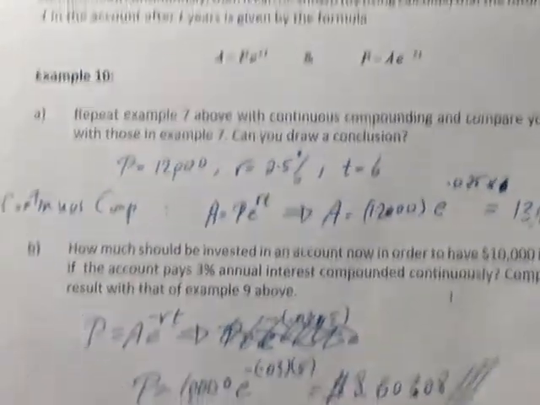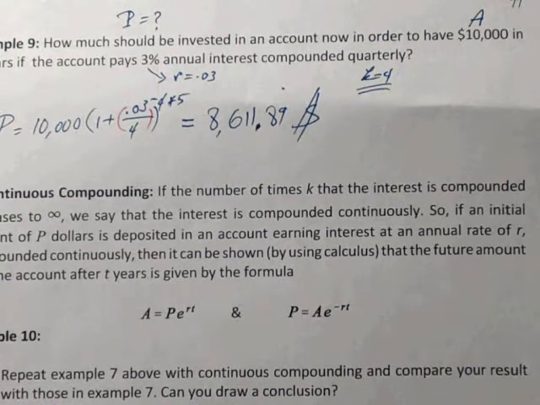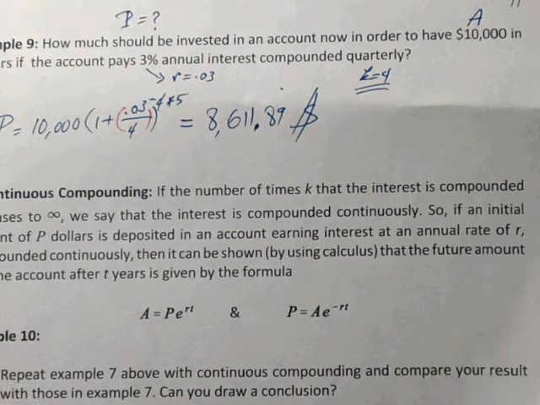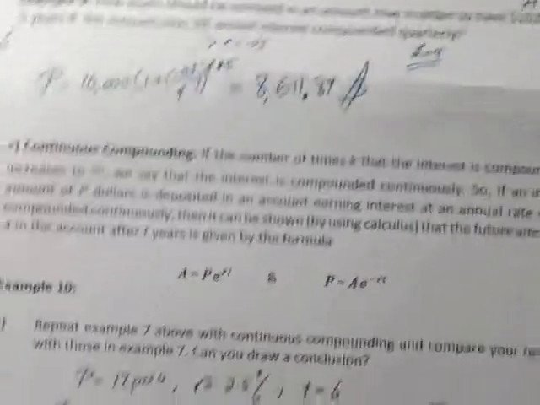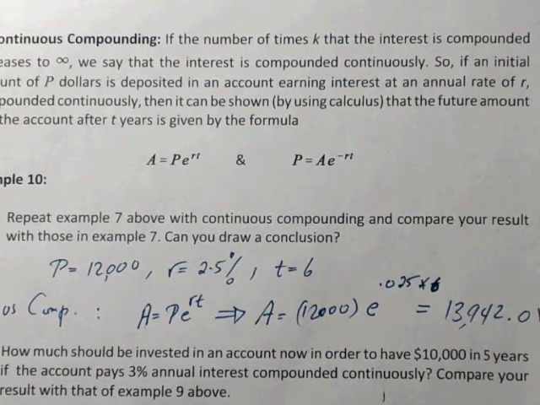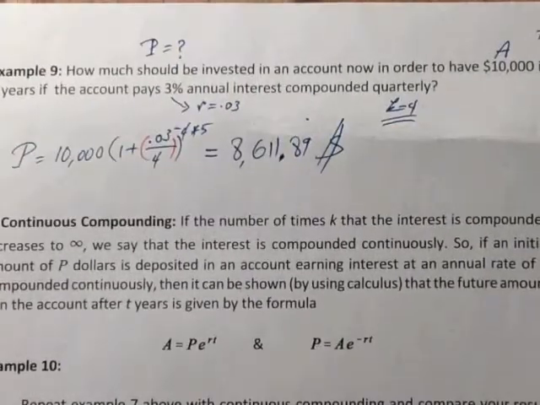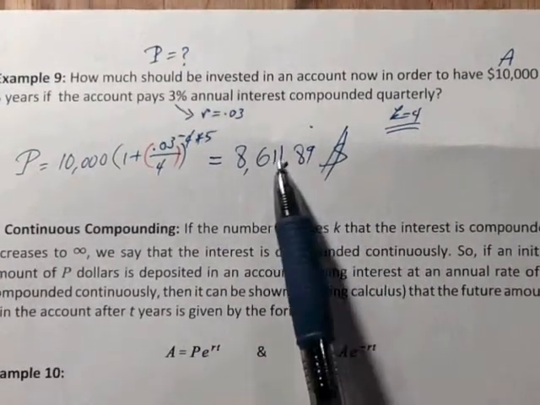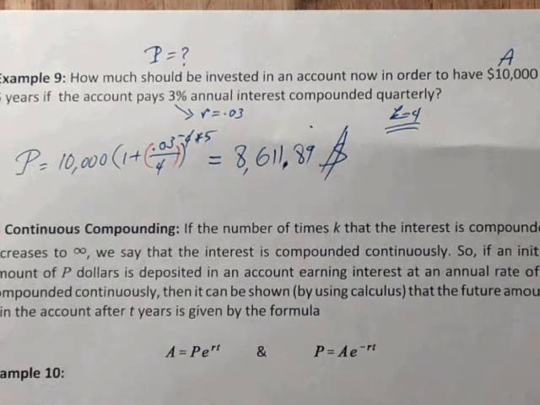So if you do continuous compounding, you can get away with less money to get $10,000 later. If you do it quarterly, you have to put a little bit more, $4 more. So this saves you $4. In order to get that $10,000, if you do continuous compounding, you need to put $8,607.08. If you do it quarterly, you have to put $8,611.89.